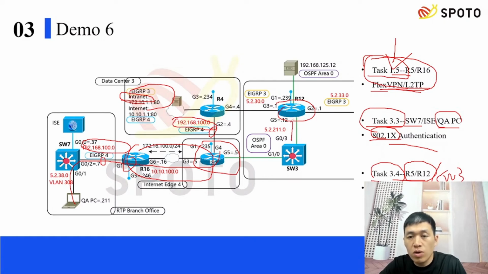They removed one connection between switch 3 and router 12 and another connection between switch 3 and router 5. They deleted one connection. Okay, only one connection between them. Used to be 2 in the last version. Alright. All these differences will be shared with you after you join us and get started with the preparation. Okay, so no worries.